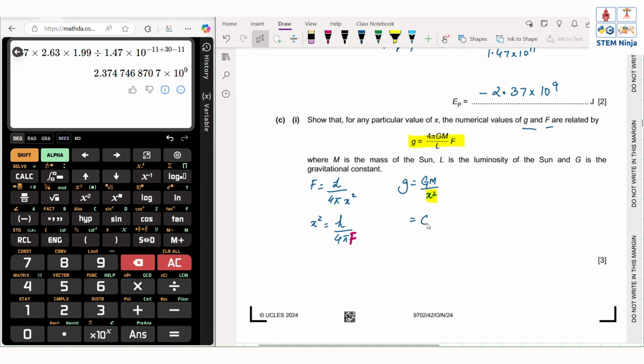So g is equal to gm divided by L over 4 pi f. This becomes 4 pi gm over L, and f also goes in the numerator, so f equals g. That is your simple form over here.